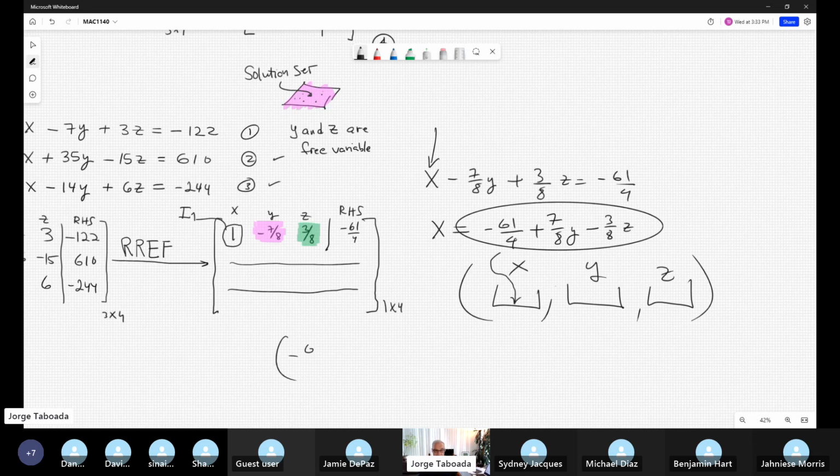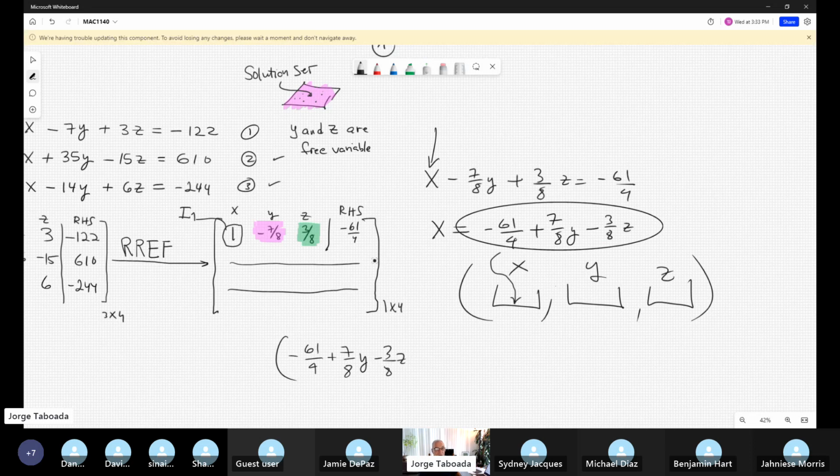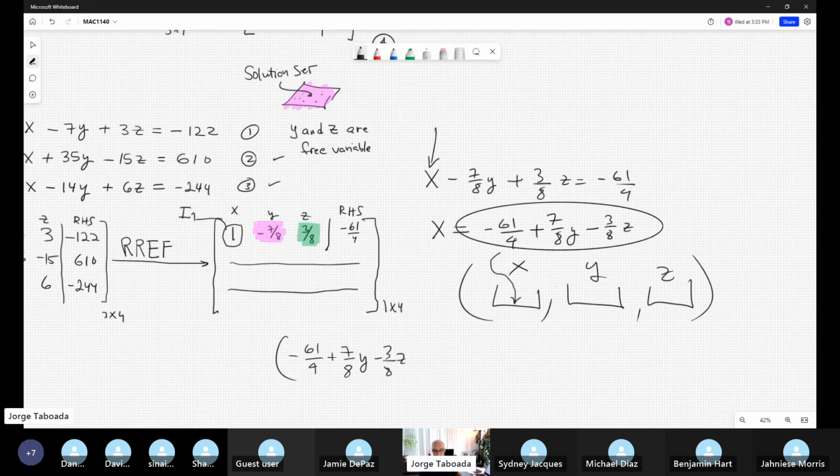It's minus 61/4 plus 7/8 y minus 3/8 z. I finish, comma, this comma is this comma, and y is free, I copy y, and z is free, I copy z. And the specification is: y and z are any real numbers.